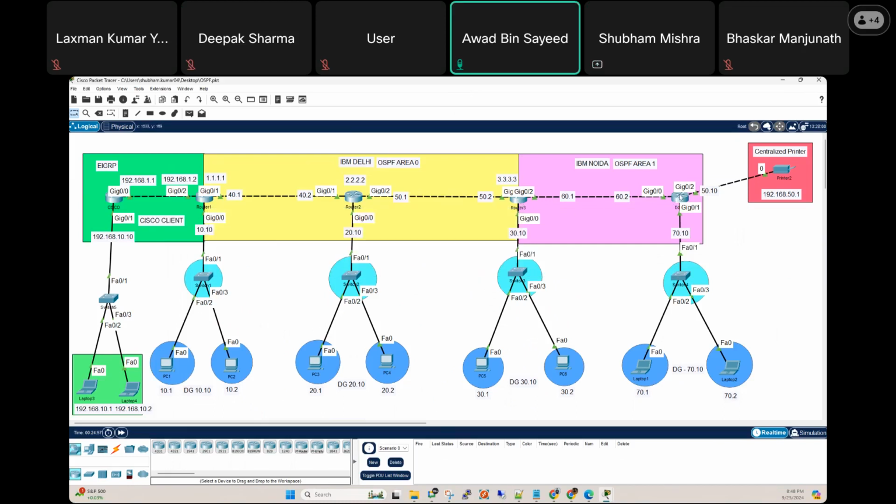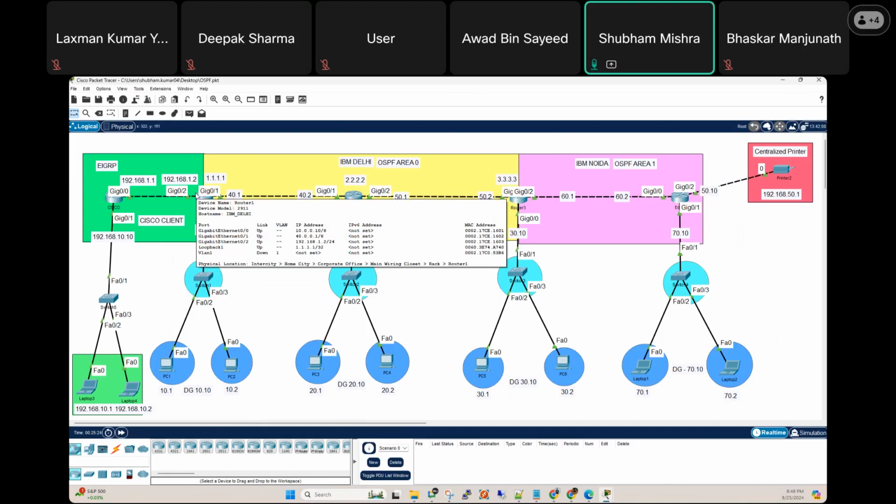For example, this router is sharing the 60 network. So this is the source, and this is the ABR. From source to ABR, what is the metric? 1. This router forwards the 60 route with metric 1. When this prefix reaches this router, it calculates the total metric from here to ABR, so 1 plus 1, 2. This router adds the total metric and installs it in the routing table.